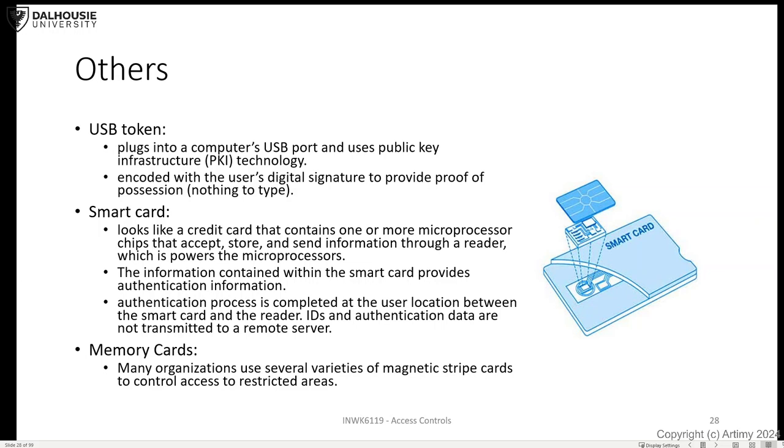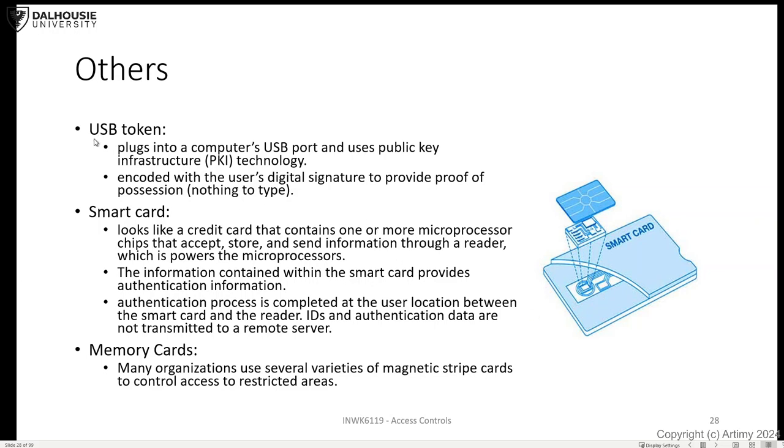The information will be about the user: your name, your ID, the status, faculty, student, what year you are as a student, what course you're taking, because you may have to access certain labs for certain courses. So any information that's needed in the smart card, right?